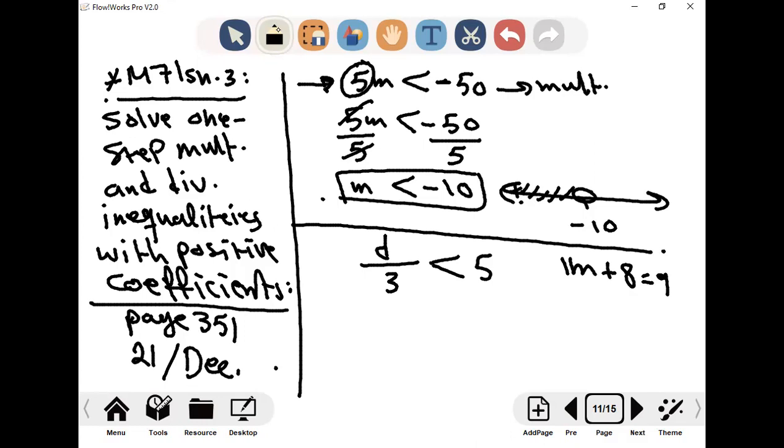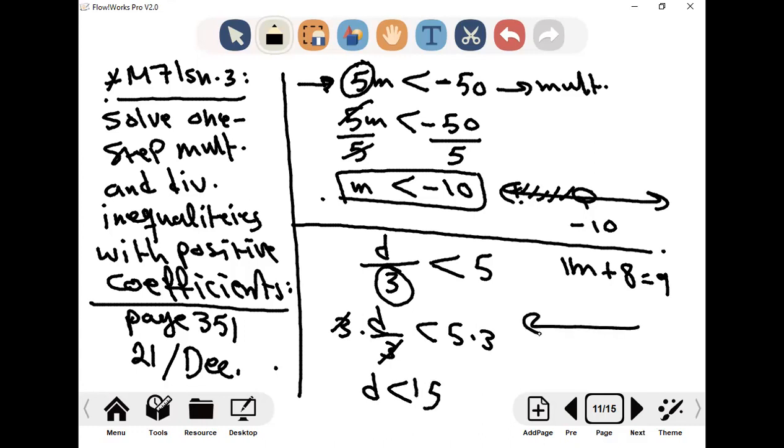Got it? So here we do the same steps of the division equation. Remember, we multiply both sides by the divisor, which is 3. So here I'll multiply d over 3 by 3 and the 5 by 3, normal. So 3 cancels with the 3. So d less than what? 15, right? And do the graph.